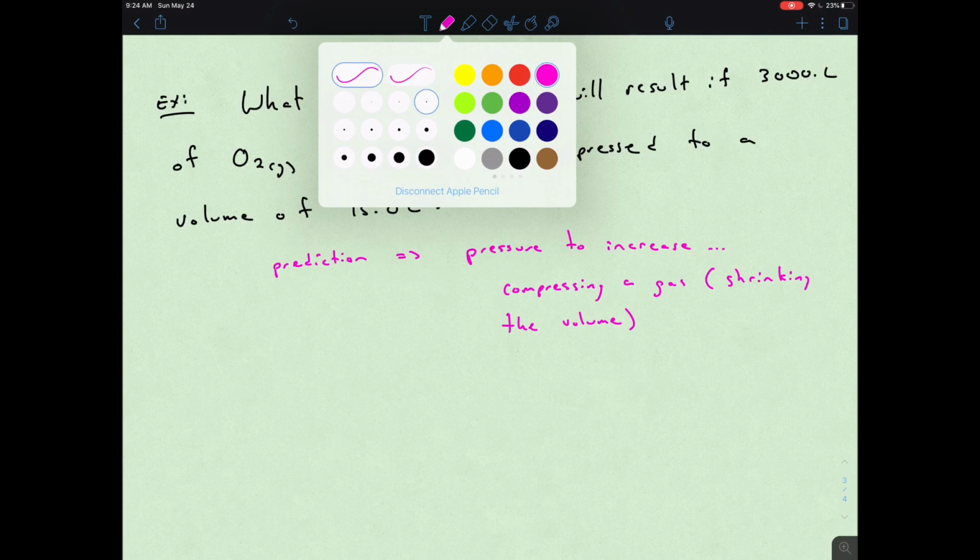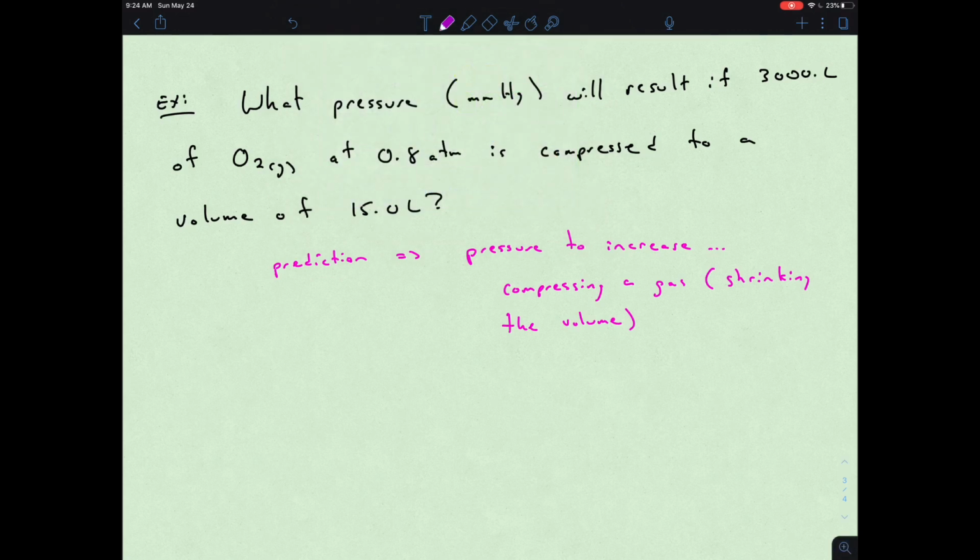If we look at some of the information that's given to us, we have this volume of O2 and we have a pressure. So there is our first set of conditions, our V1 and P1. We could say our volume 1 is 3,000 liters, and our pressure for those conditions would be 0.8 atmospheres.